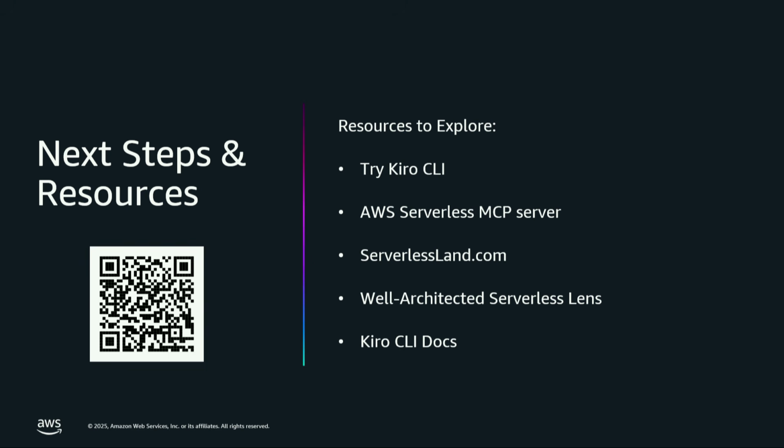Lots of patterns, walkthroughs, articles, blog posts, workshops, everything basically. A lot of this is built around the Well-Architected Serverless Lens. So the way that these MCP servers, for instance, work, it is built on Well-Architected principles. Yes. And then finally, a link to the Kiro CLI docs as well, where you can find more information about how to use Kiro CLI.